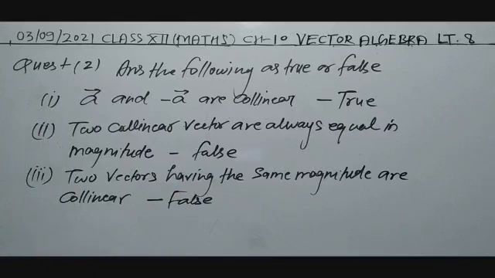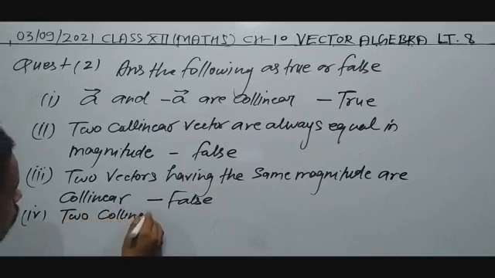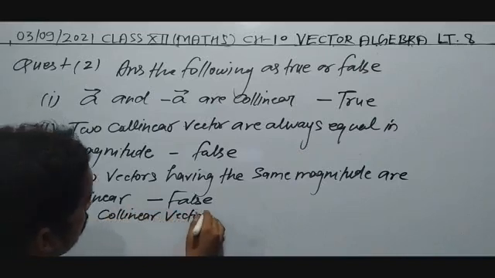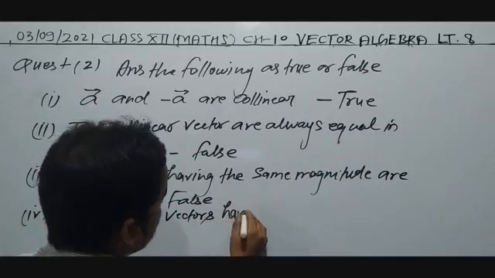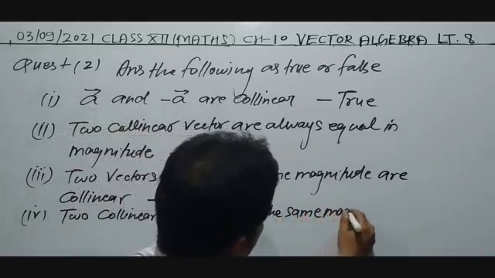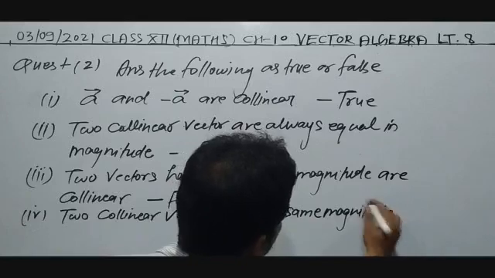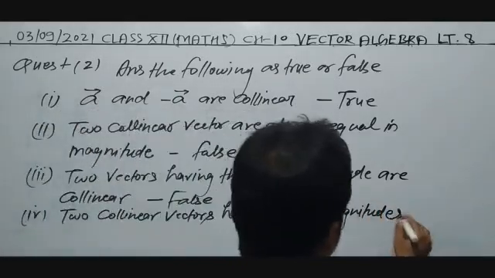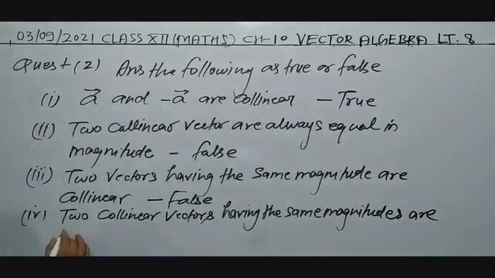Now come to the fourth. Two collinear vectors having the same magnitudes are equal.